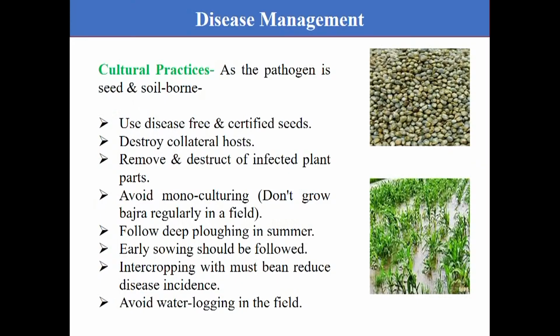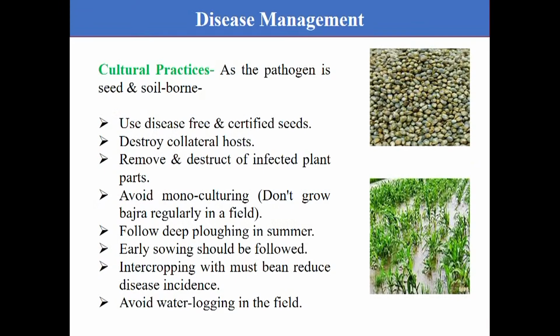You have to destroy and collect that kind of collateral host, and you can dig a pit and submerge them in it, and you can remove and destroy the infected plant parts in the early stage also.